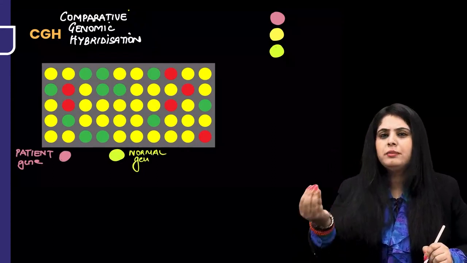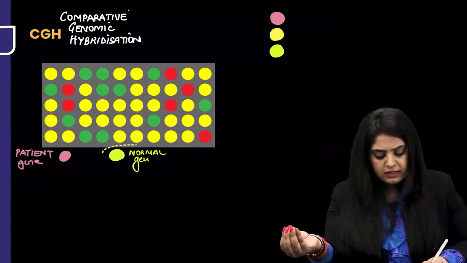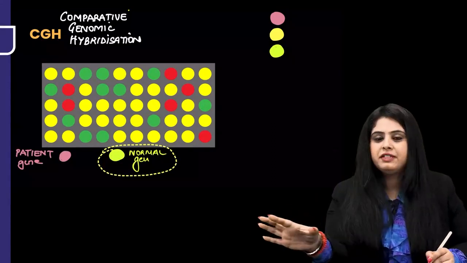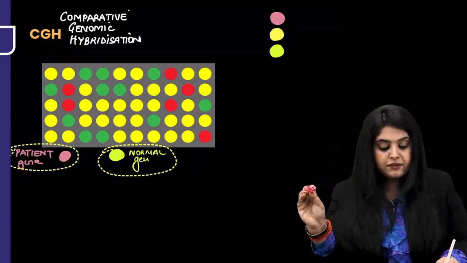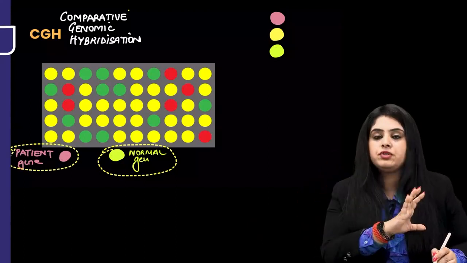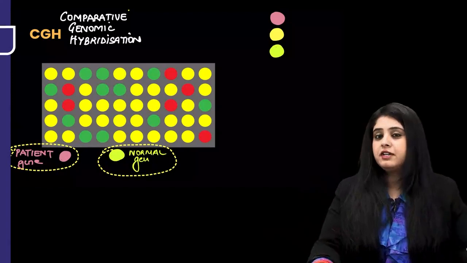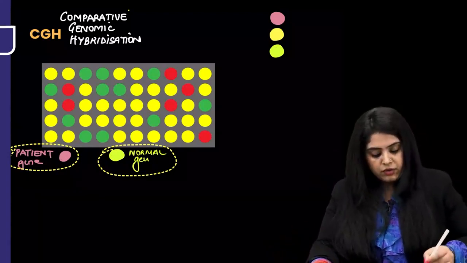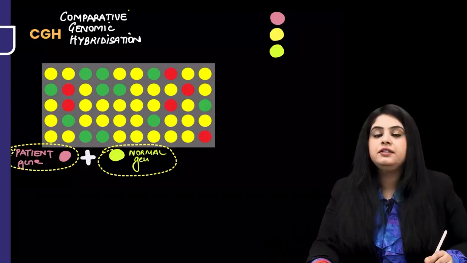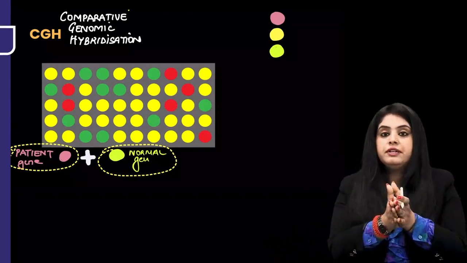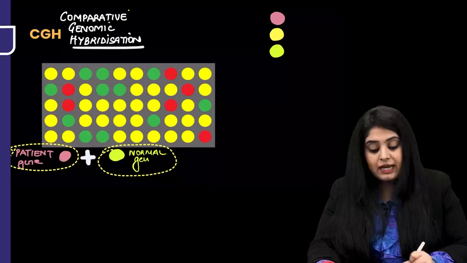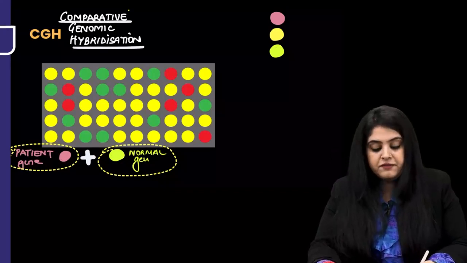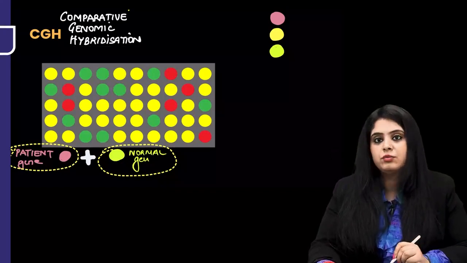So look, the normal person let us give a green color. A green color will tell me normal, everything is fine. But I have given the alert red color to the patient. So the patient's genetics I have given alert red color, and the normal person I have given a green color. Now what am I going to do? I am going to combine the red and the green. Red and green hybridize. That is why we call it hybridization. Comparative genomic hybridization is what it's called.